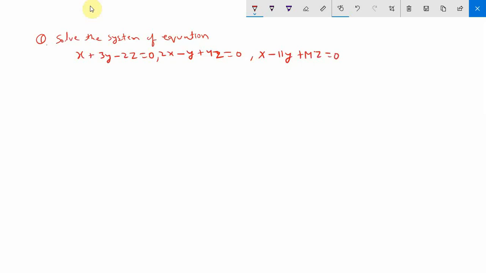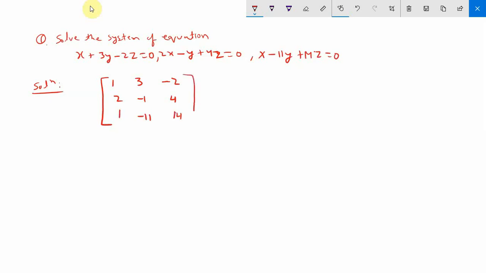Okay friends. So we can write the given equations in matrix form. We will write the coefficients of x, y and z. So 1, 3, minus 2; 2, minus 1, 4; 1, minus 11 and 14.